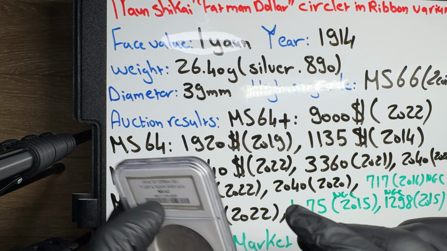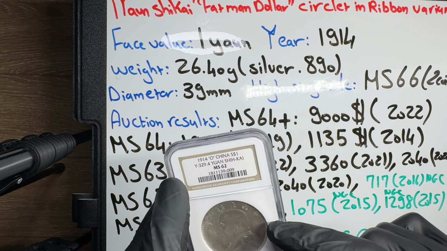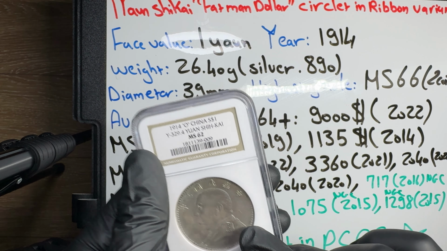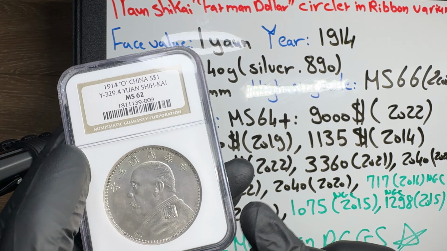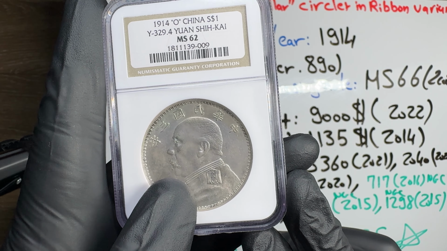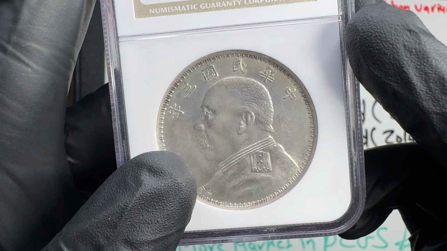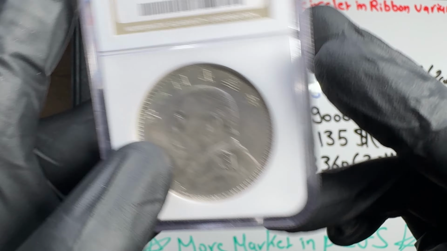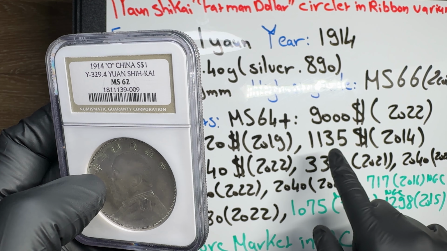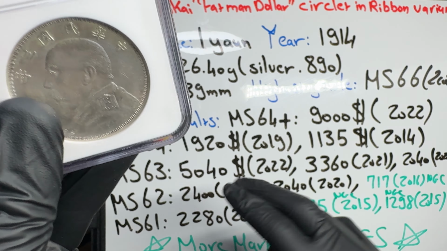In terms of mintage and grading, the highest grade for this coin is MS66 and only 2 coins. In terms of auction results, the MS64 Plus was sold for $9,000 back in 2022. The MS64 was sold once in 2019 for almost $1,900 and sold as well for almost $1,100 in 2014.